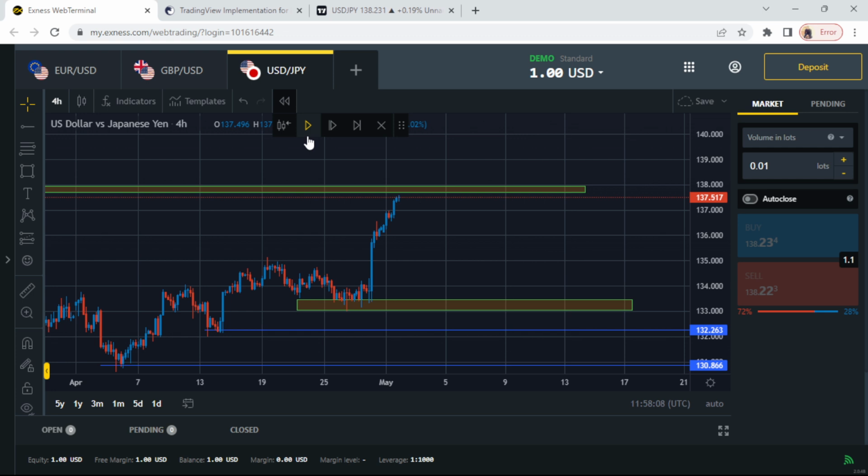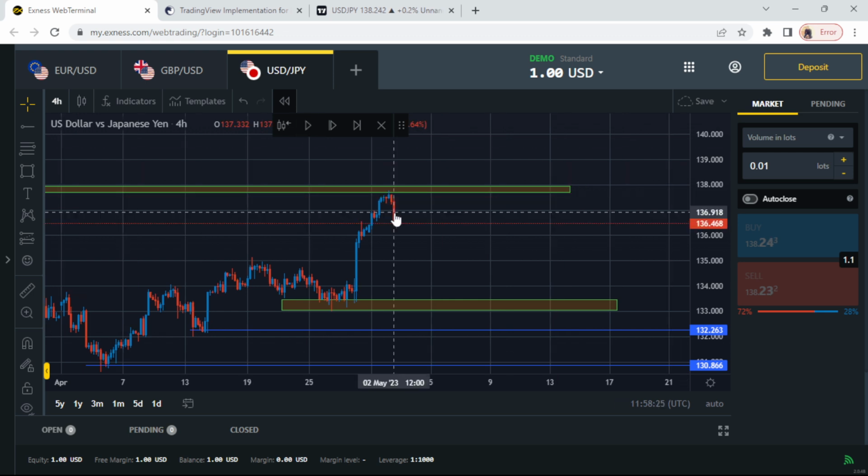Rejection. You see, the price got rejected here. This candlestick is not a definite confirmation, but this one is a definite confirmation. So if you are going to short this, you are going to enter on this candle.